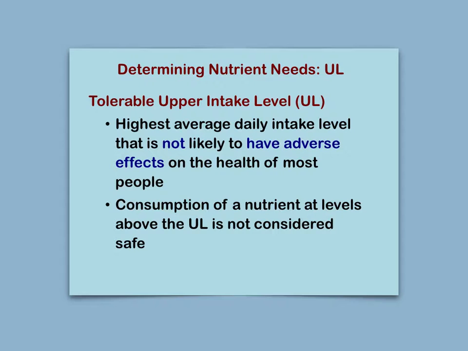So consumption of a nutrient at levels above UL, that means tolerable level, is really no longer considered safe. Let me give you an example. It's vitamin A. Vitamin A actually is very beneficial. It improves our vision and is involved in many other chemical aspects of metabolism.